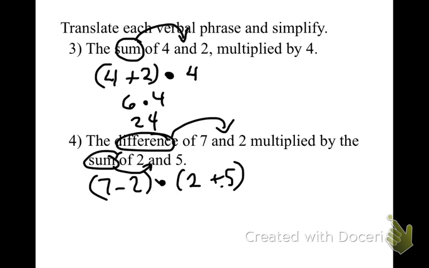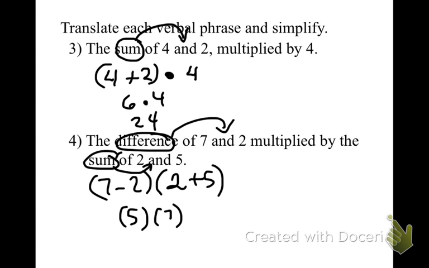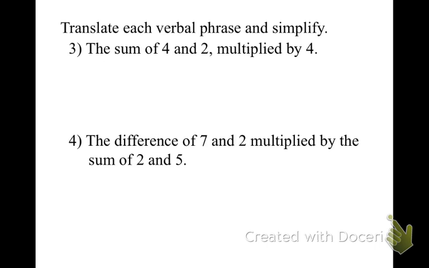Now, by rights, a parenthesis next to a parenthesis also means multiplication. So if they're touching, I can just do this. Okay? So I end up with 5 times 7, which is 35. All right, let's move on.